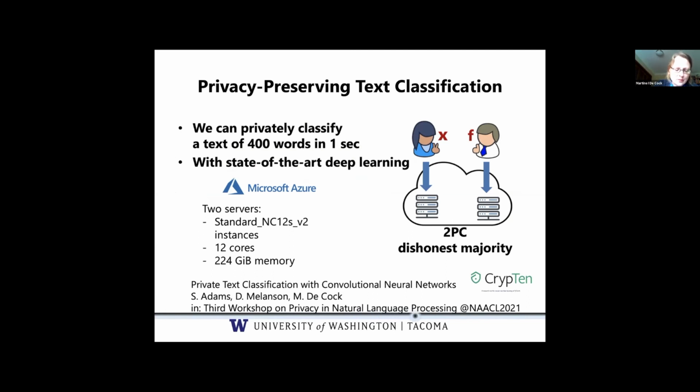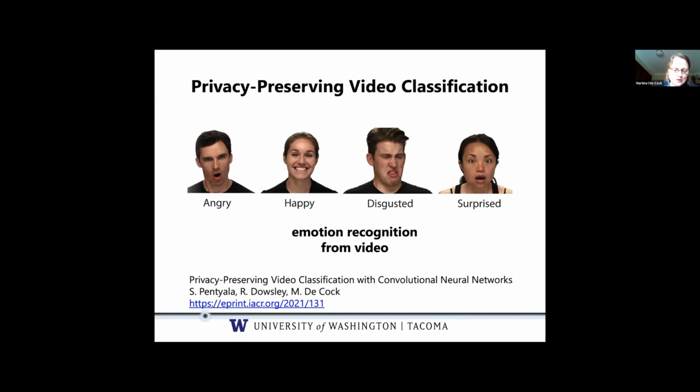We obtained this runtime when run in a 2-party computation setting with 2 Azure virtual machines where each of the servers only trusts itself. And we have also developed this year the first secure multi-party computation protocol for privacy-preserving video classification that lets an application, for instance, detect from the video of a user whether the user looks angry or happy or disgusted and so on, without requiring the user to give the application access to their video in an unencrypted manner.